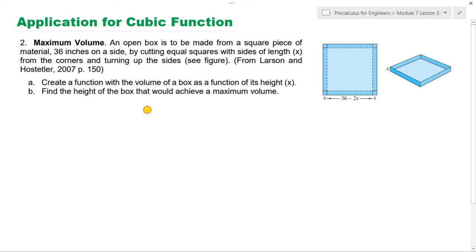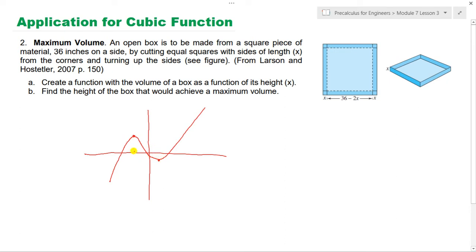The graph of a cubic function would look like this, class. It rises, then goes down, then goes up again. As you've noticed, we have two important points, this point here and this point here.